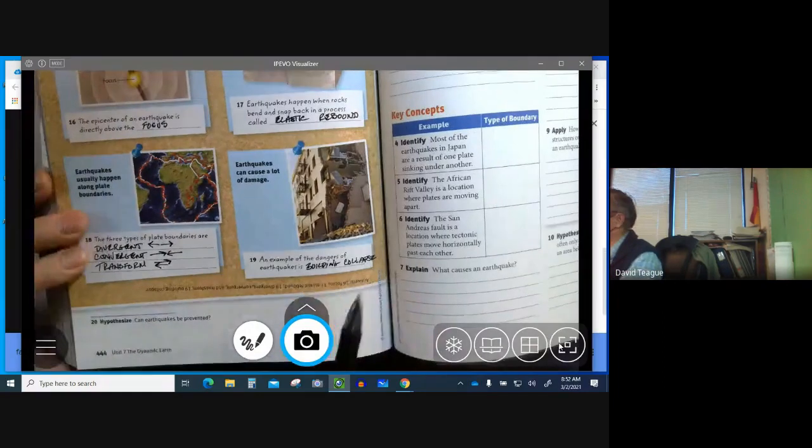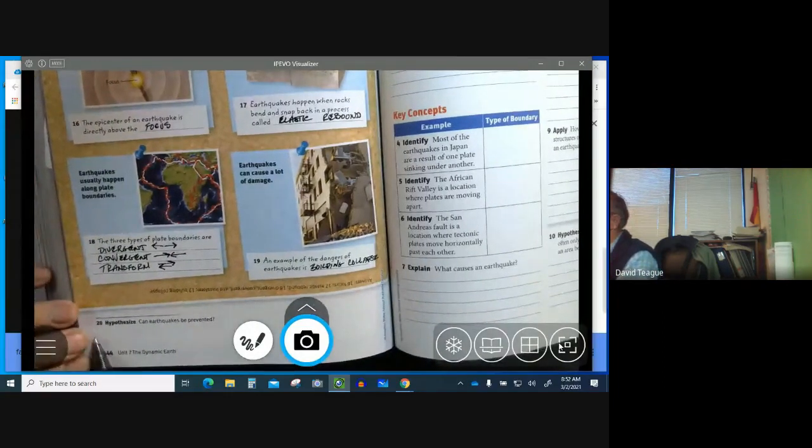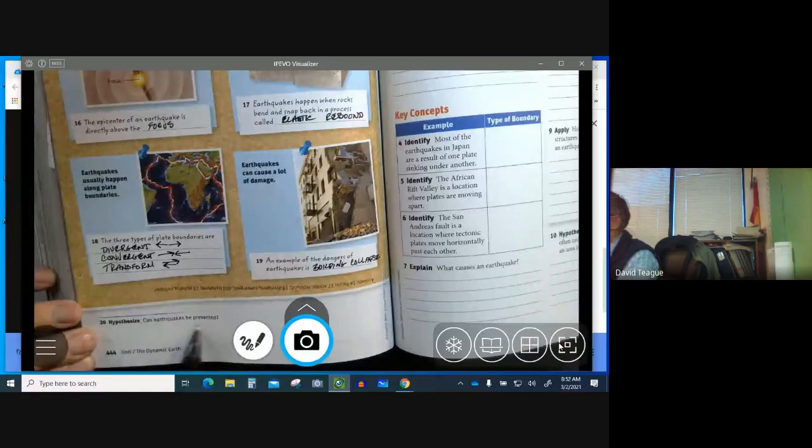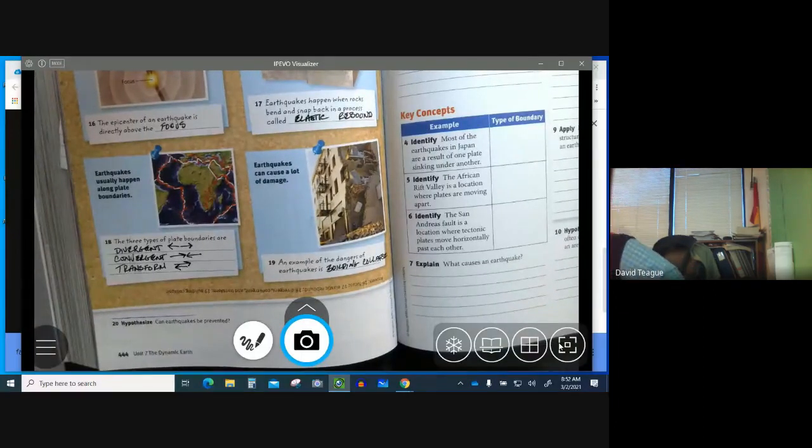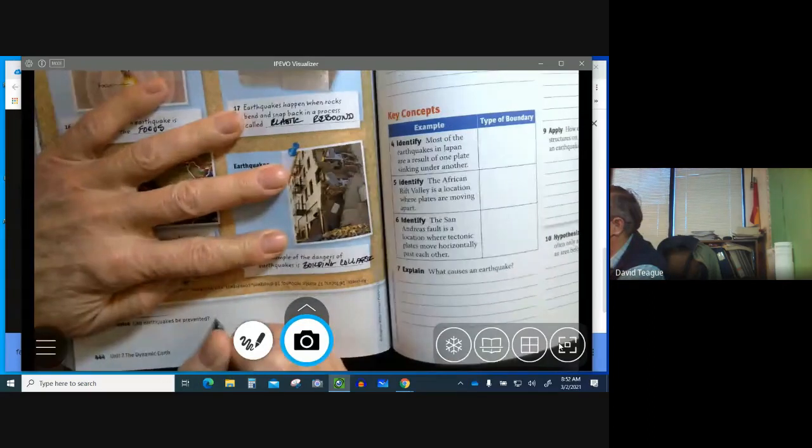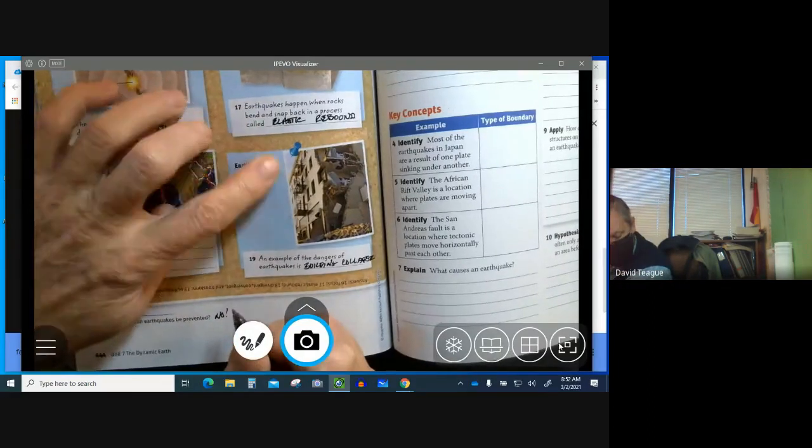So anyway, very interesting. Okay, number 20, hypothesize. Can earthquakes be prevented? No. Earthquakes can't be prevented.